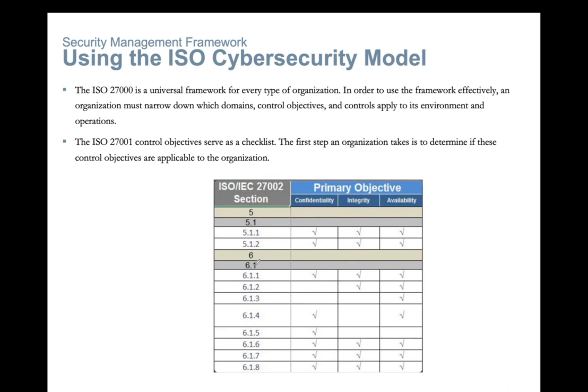If you take the sixth section of 27002, that is the organization of information security. In that, 6.1 describes the internal organization, which must follow the primary objectives of confidentiality, integrity, and availability. These are the security management frameworks.